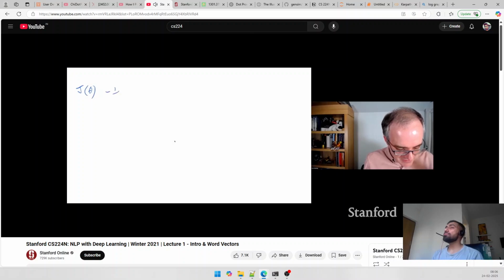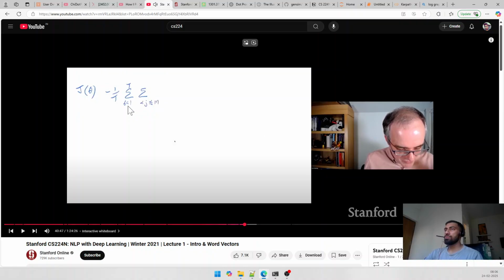So that was the -1/T of the sum of t equals 1 to big T, which was our text length. And then we were going through the words in each context, so we were doing j between -m and m words. For each of the words, we are looking into its context.